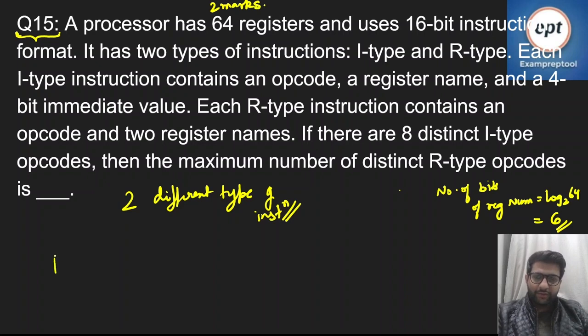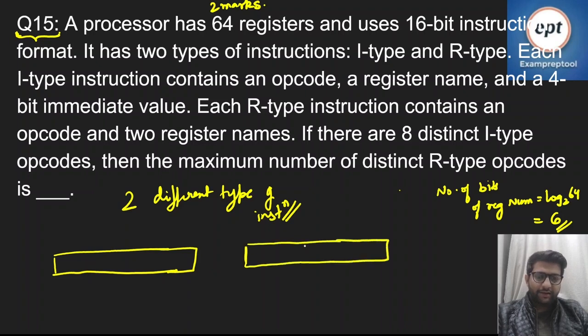So first we will draw the format for both types of instruction. Let's say this is the first type of instruction and the second type of instruction, right? So let's say this is the I type and this is the R type. Now each I type instruction contains an opcode.